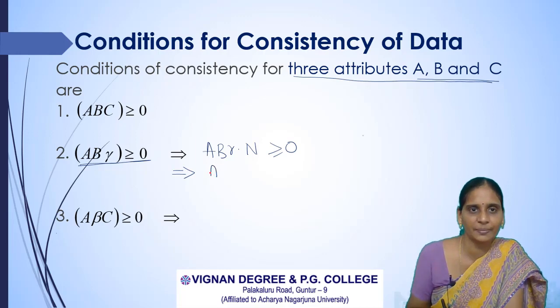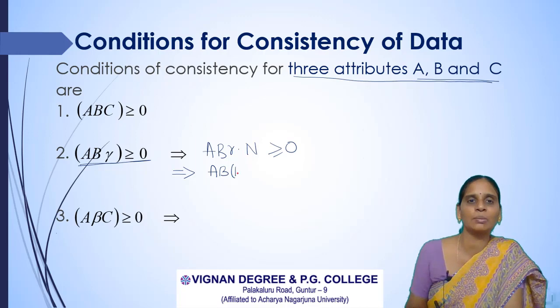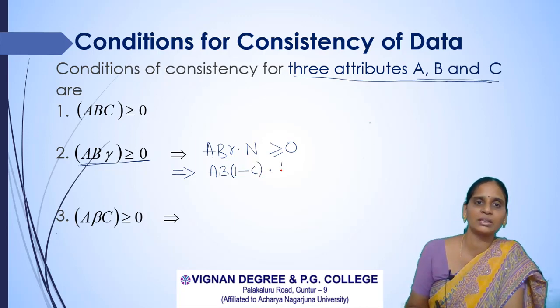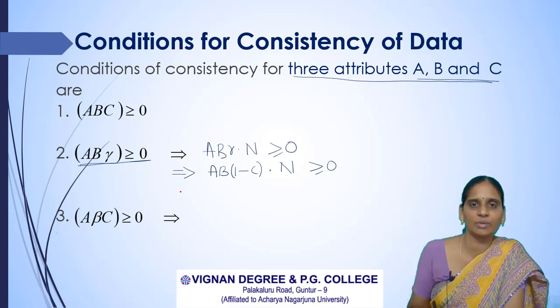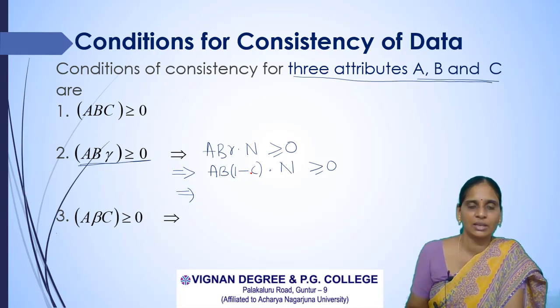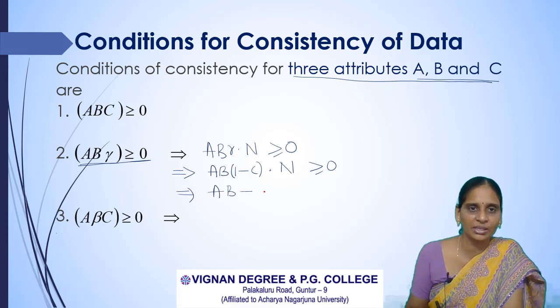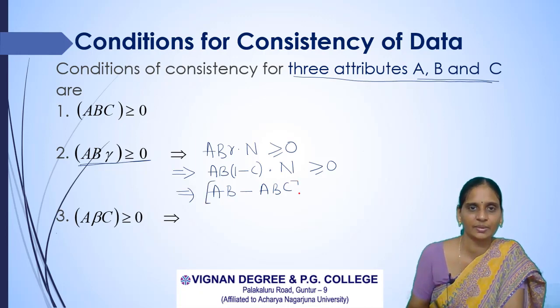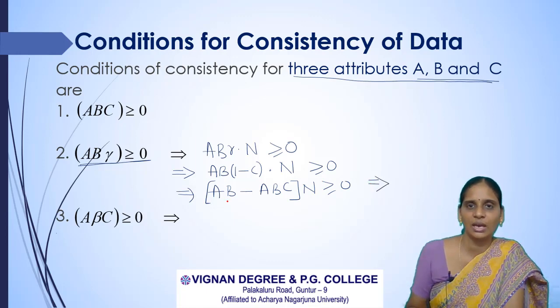This implies AB into gamma, where gamma can be replaced by the operator 1 minus C, into N, which is greater than or equal to 0. And this implies you have to multiply AB into 1 minus C. We get AB minus ABC into N, which is greater than or equal to 0.